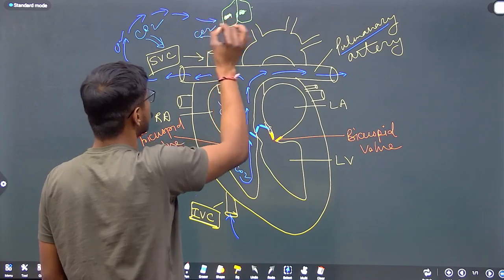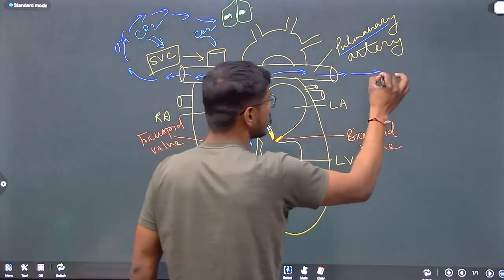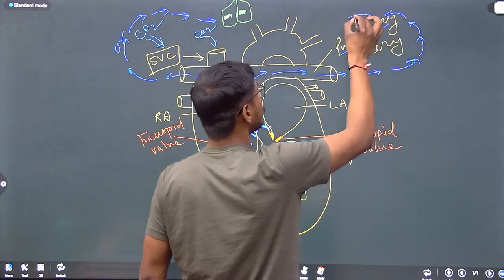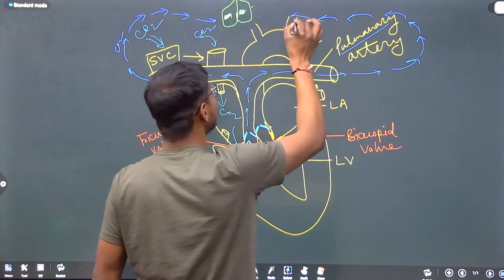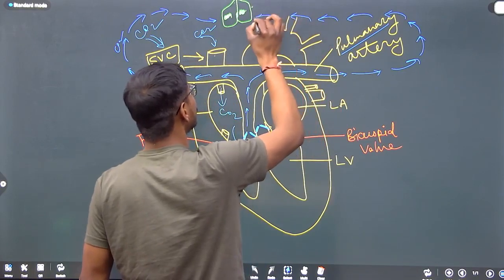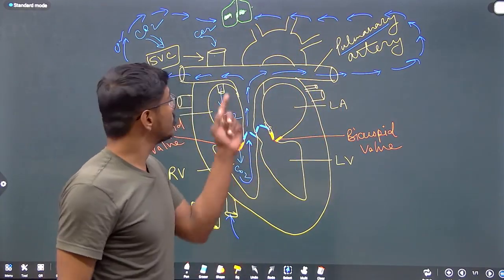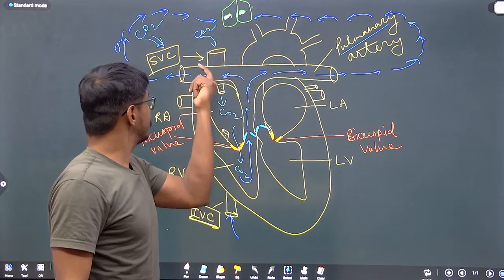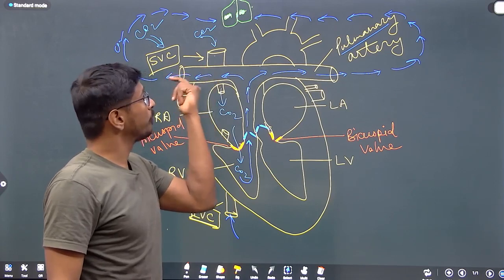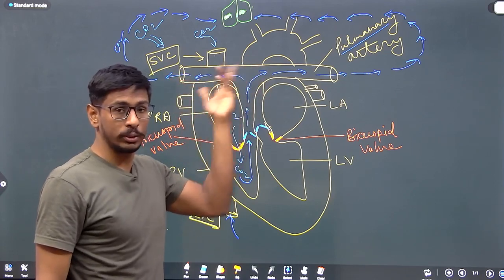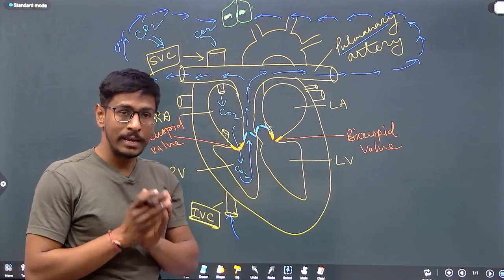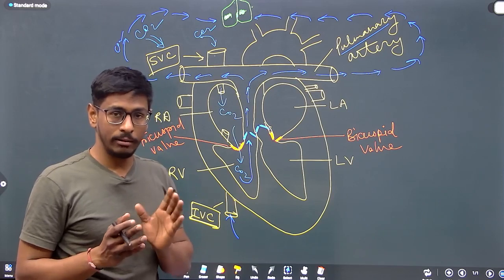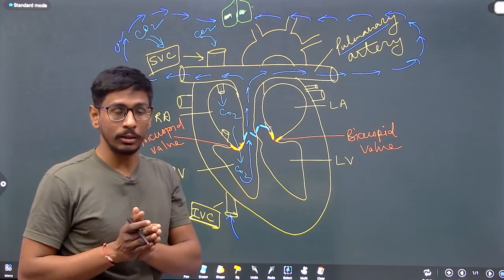Okay, so we have reached the lungs. From this side also we are reaching the lungs, but the distance is a little bit more. So yeah, we have reached, and here this CO2 will be given to the lungs. Lungs have a structure called alveoli, and alveolus if we go to the single one.